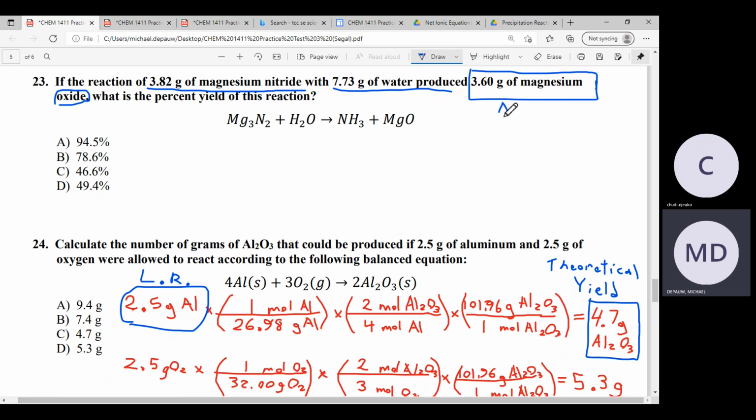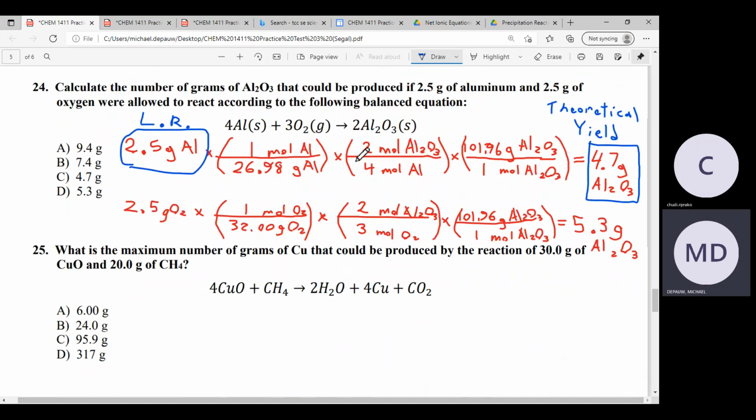This is your actual yield. Actual yield must always be given, whereas theoretical yield must be calculated. So in this problem, we just solved for the theoretical yield, and that's our answer, 4.7.